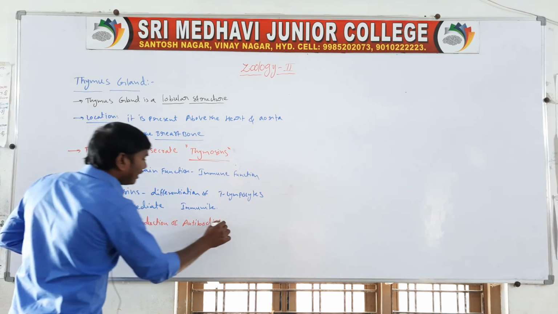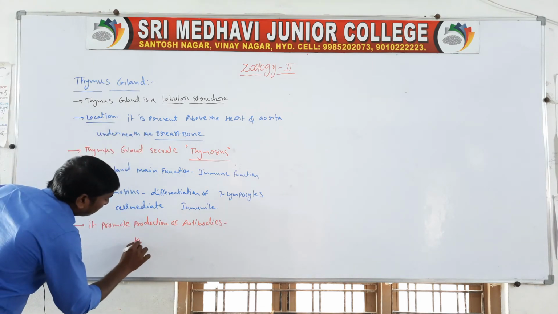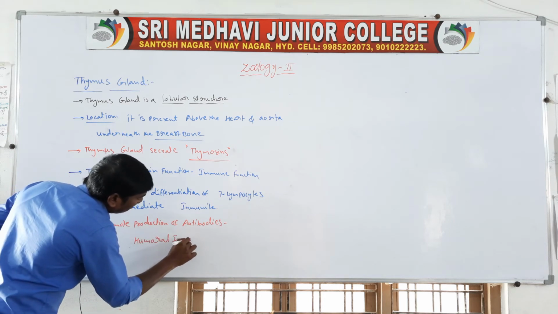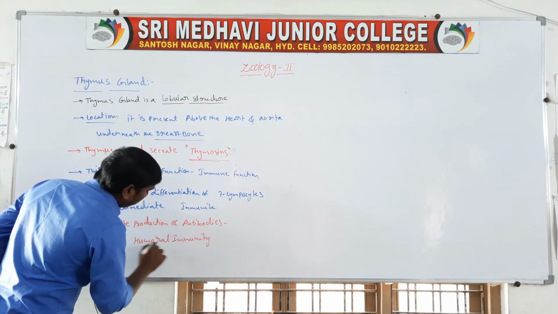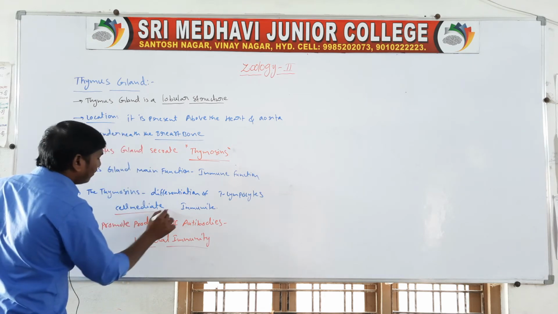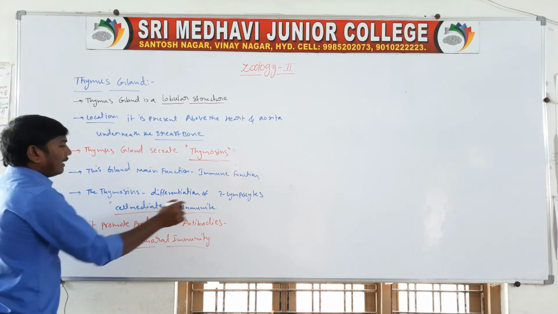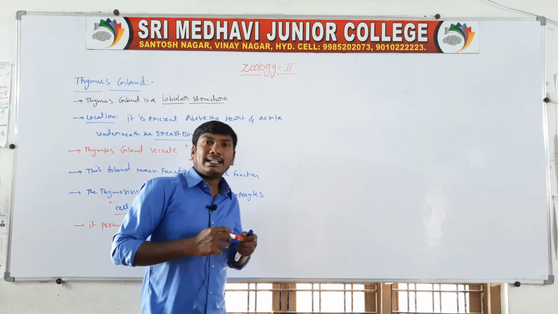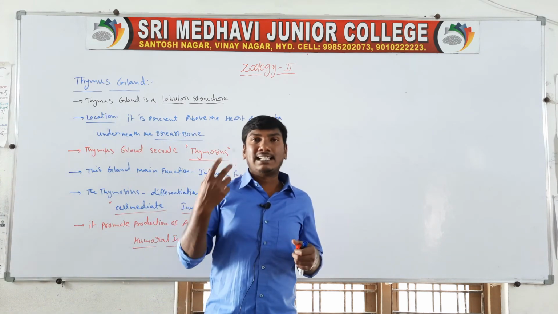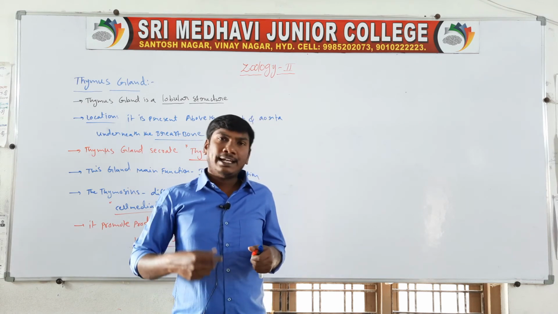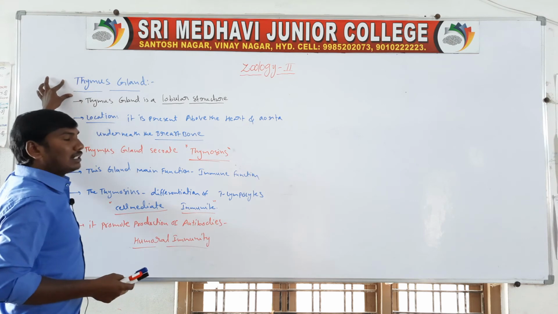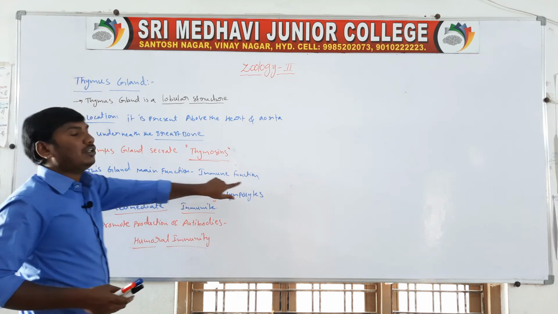This is called humoral immunity. Our body contains two immunities, cell mediated immunity and humoral immunity, and the thymus gland is involved in both. So this gland is involved in immune function.